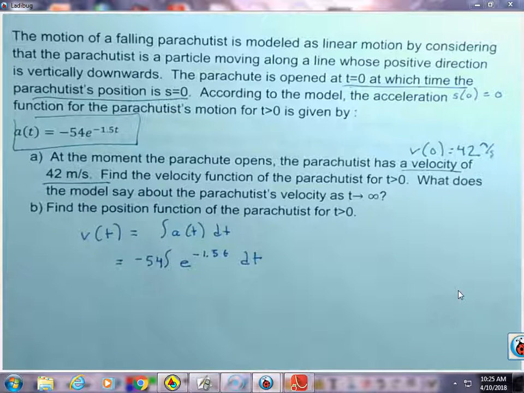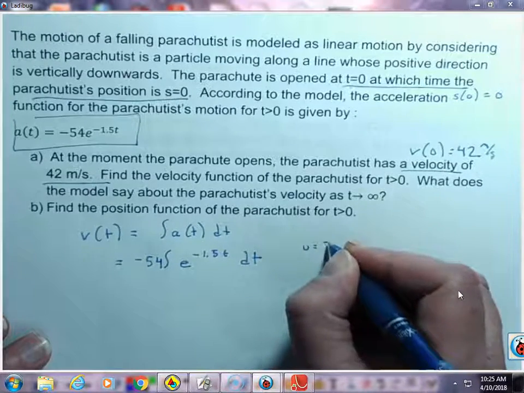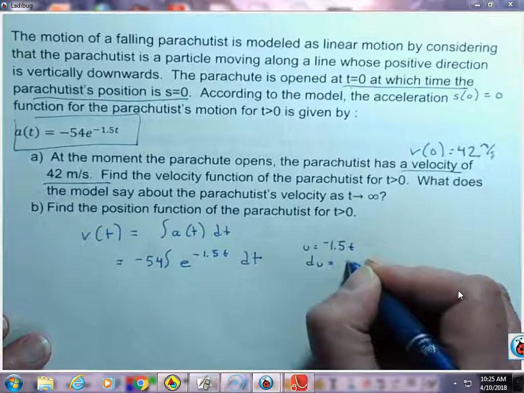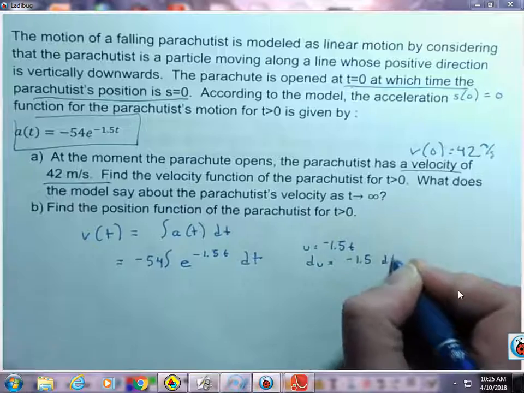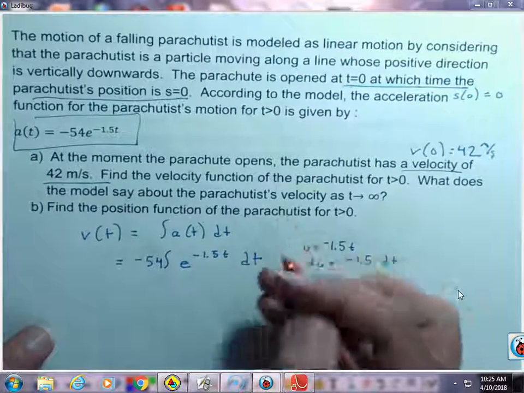Okay, so what's the integral of e to the x? E to the x. But I don't have e to the x, so this is basically a u substitution. What's u? What's du? Do I have it? I do not. But it's only different by a constant, so I am not afraid.